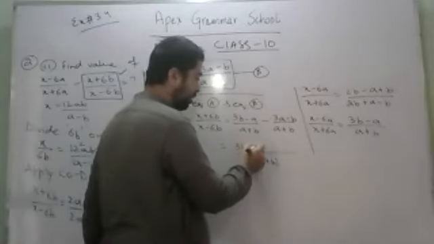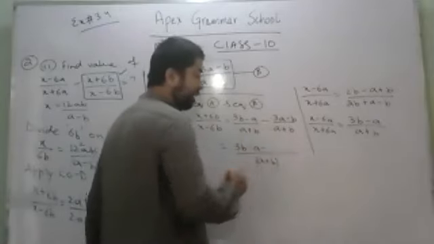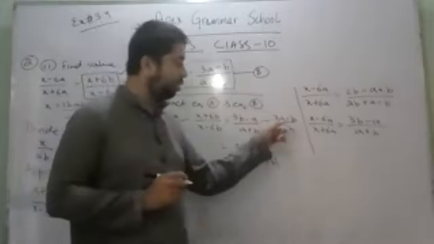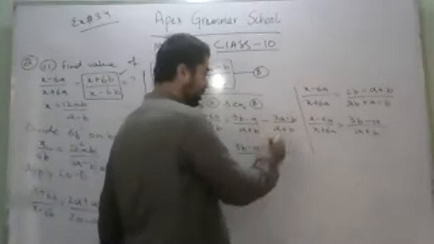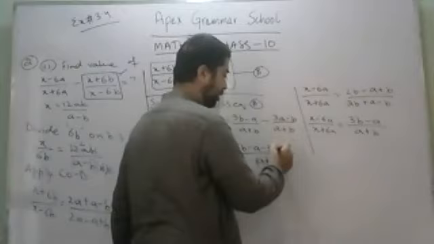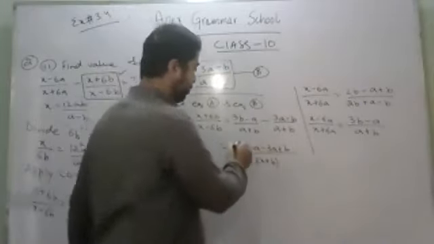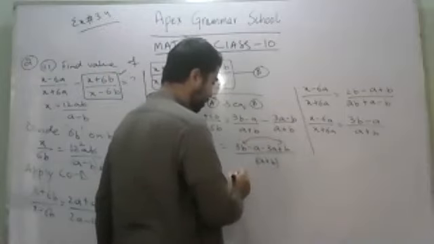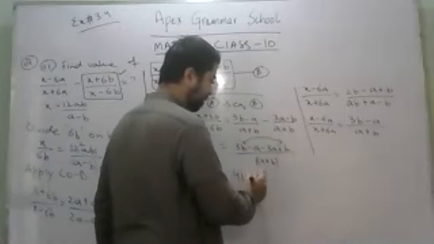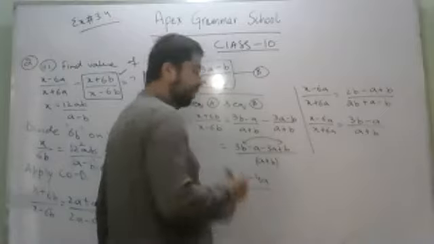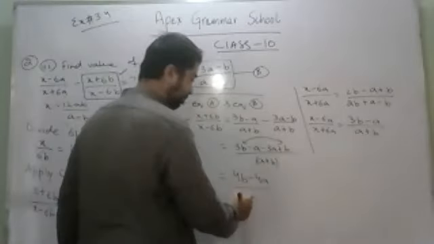Simply write the numerator 3b minus a. After that, the negative sign will change all the signs of them: negative 3a and plus b. So 3b plus b will be 4b, minus 4a, divided by a plus b.